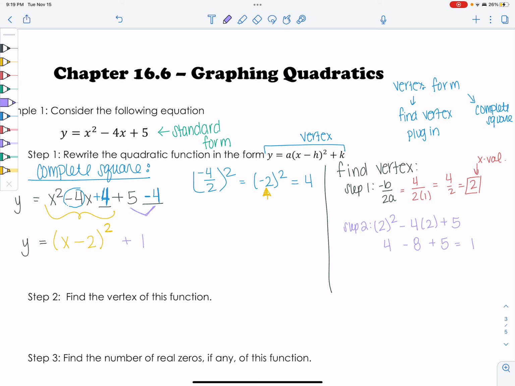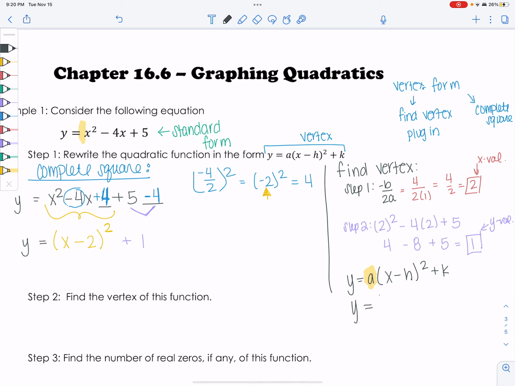And so I would have to take those two things, the x and the y value, or h and k, they mean the same thing, and plug them into y equals a times x minus h squared plus k. Well, in this one, a is 1, so I'm not going to bother writing that at all.